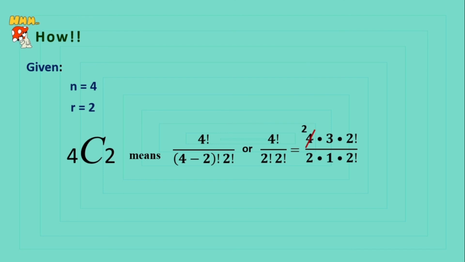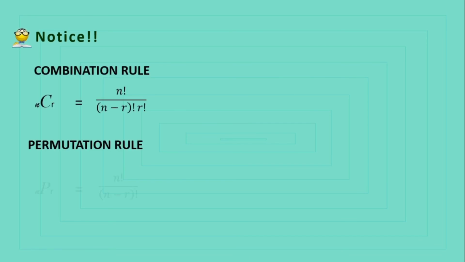Then simplify 4 over 2, which becomes 2. Then cancel out the 2 factorials, so the remaining is 2 times 3 divided by 1, and that is 6.